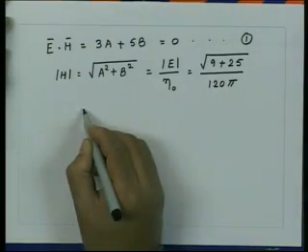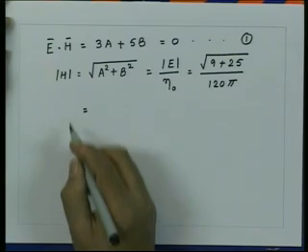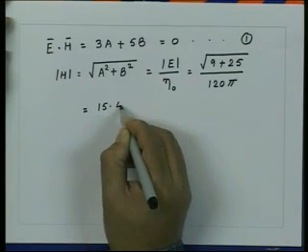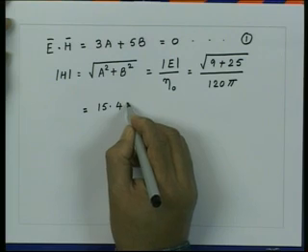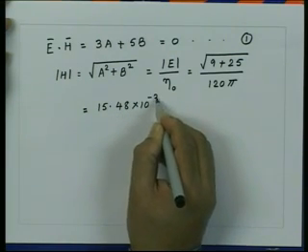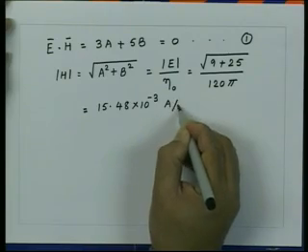So, mod of H is equal to 15.48 into 10 to the power minus 3 amperes per meter.